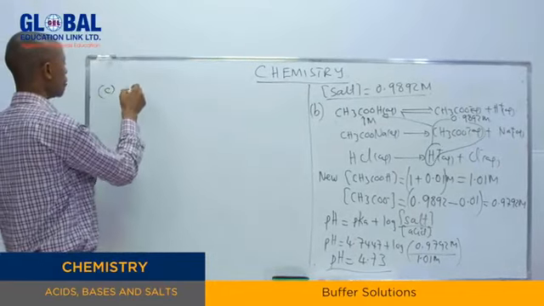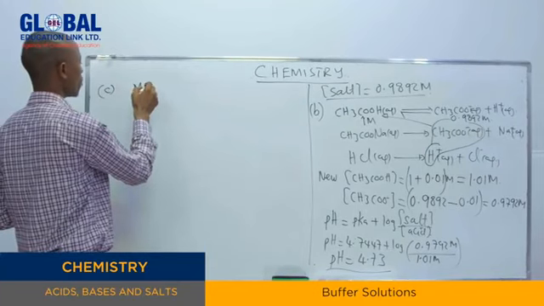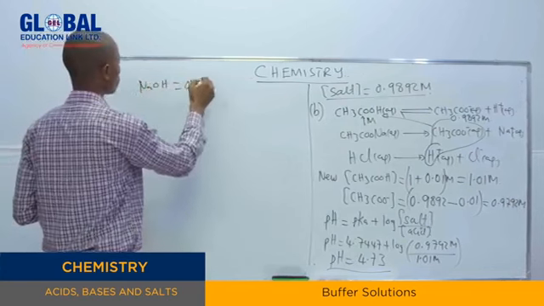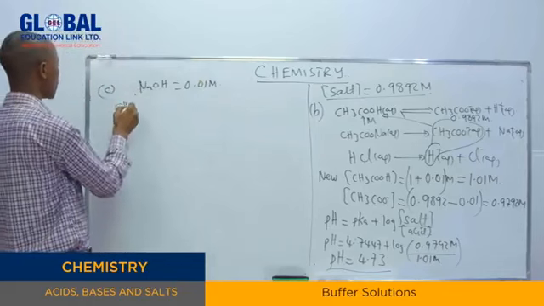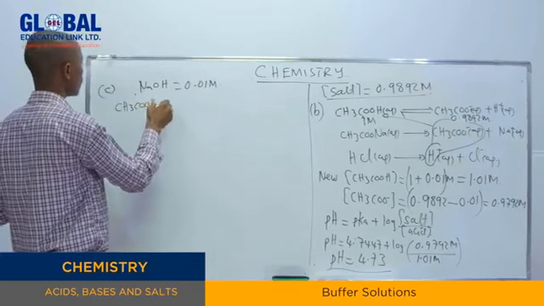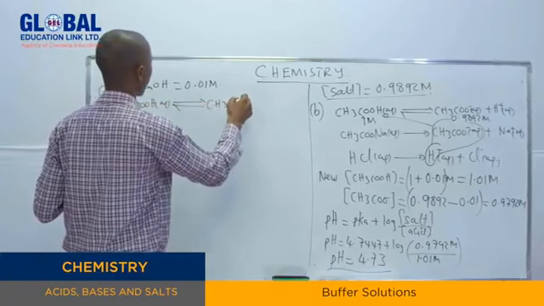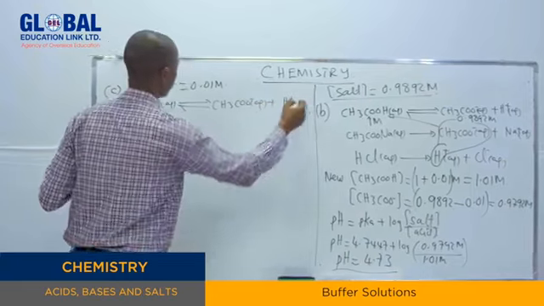See, you are given sodium hydroxide, which is equal to 0.01 molar. Now you go back to your buffer system. This one will ionize partially to produce the acetate ion and hydrogen ion.